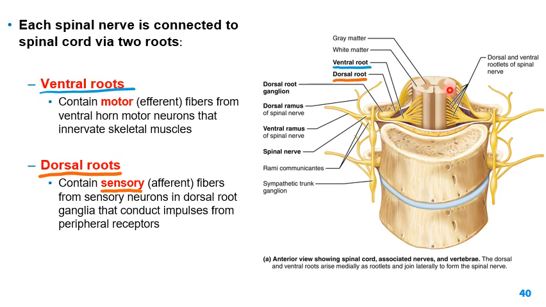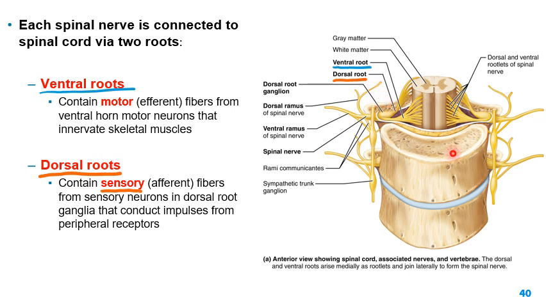So here is your spinal cord. Remember, in your spinal cord, you have white matter on the outside and gray matter on the inside. How do you know which side is dorsal and which side is ventral?